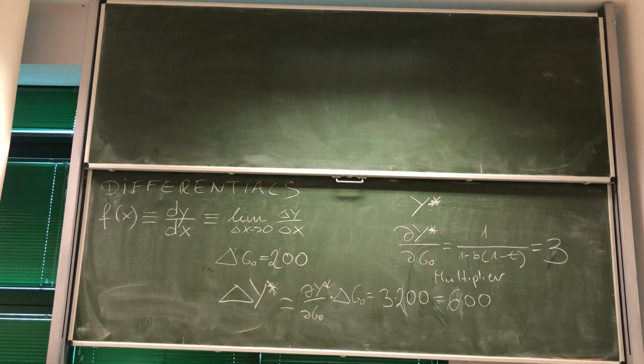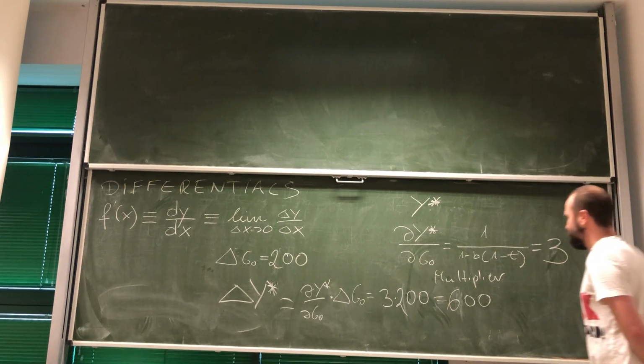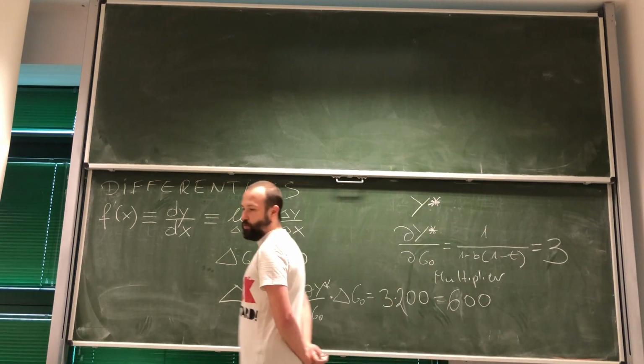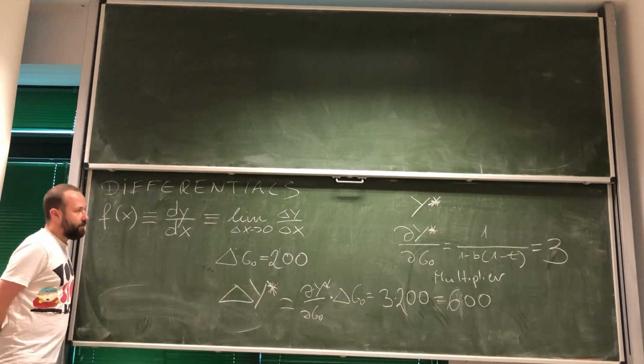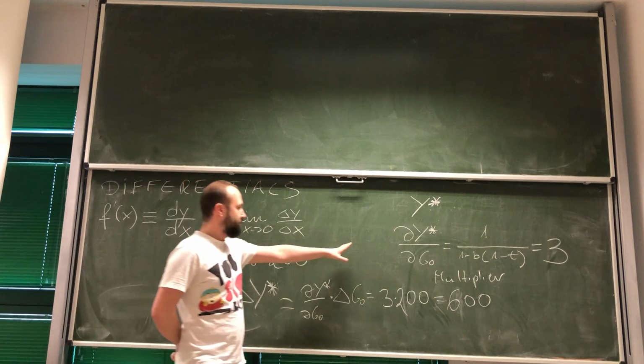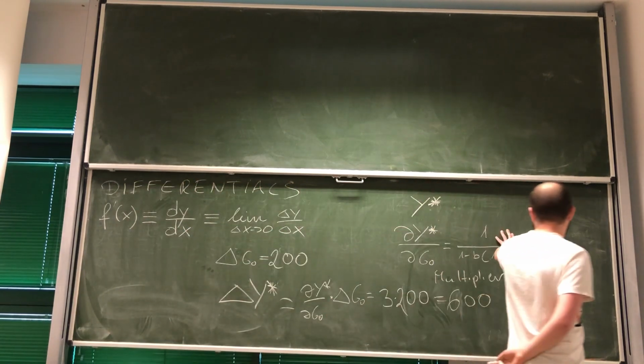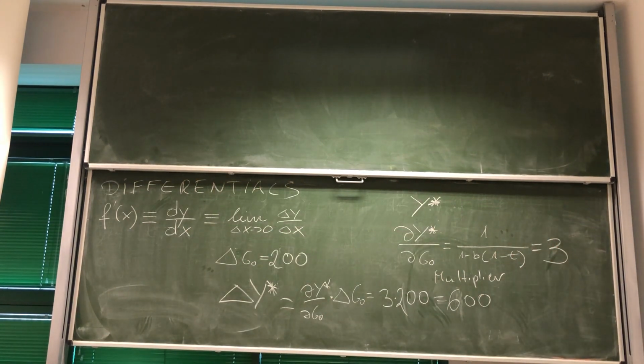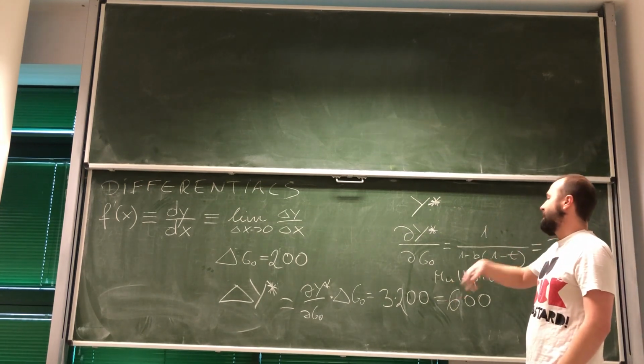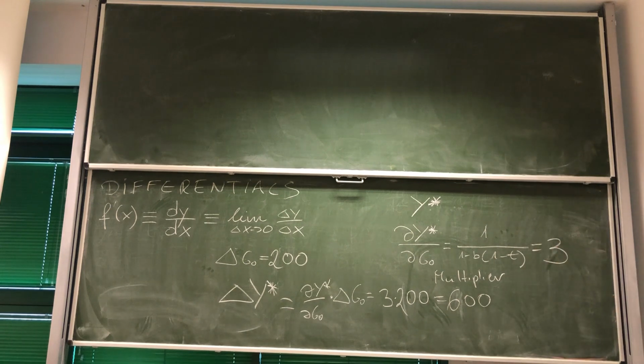And in this particular situation that we are dealing with, the multiplier is constant, right? So, it doesn't matter what the initial level of income or initial level of government spending is.